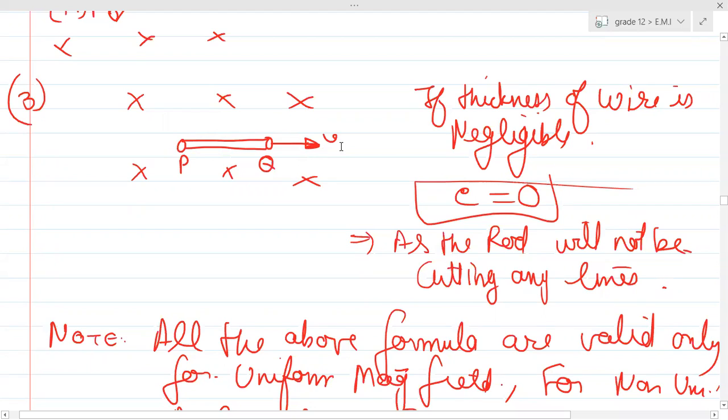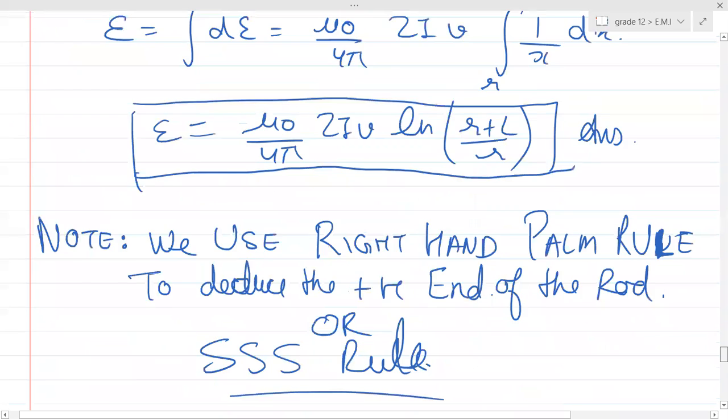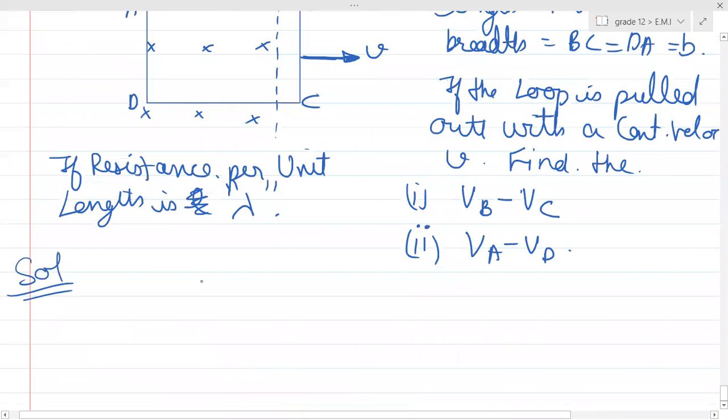When the length is parallel to the velocity, what will happen? In both the cases length was parallel to velocity, so hence the EMF was zero.